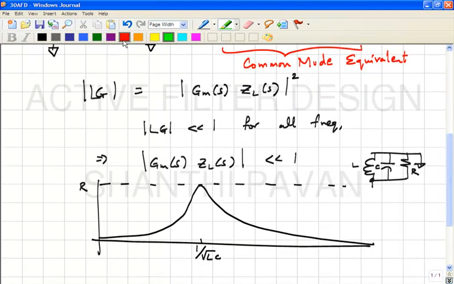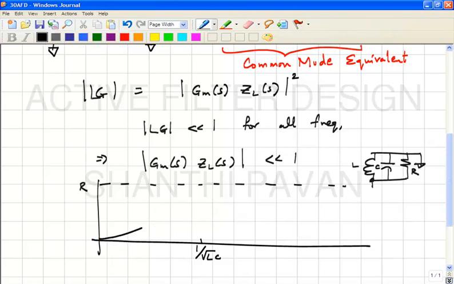So the gm, if I plot as a function of frequency, will look qualitatively like this.